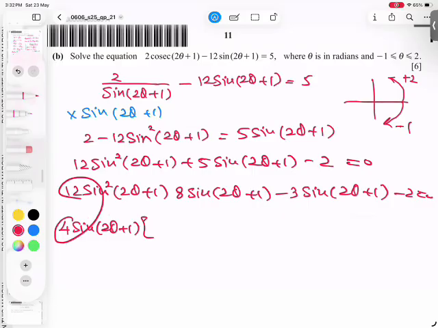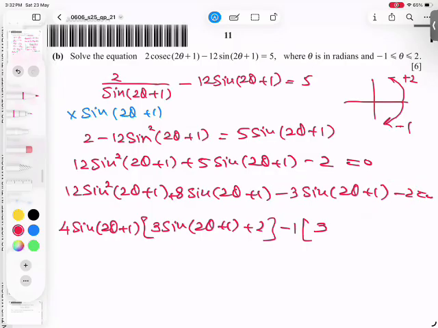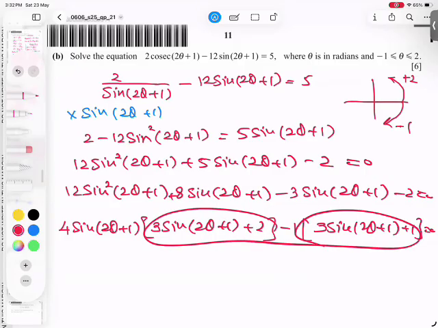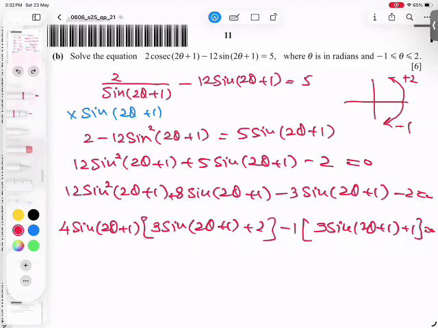So what is left? 4 3s are 12 and sine is left as well. And from here, what is left? 4 2s are 8, so 2 left only. And from here, -1 common. So do they match? Yes. Sorry, I think this is a 2. 2 comes from here. So this is fully the same, so I can take it common out.